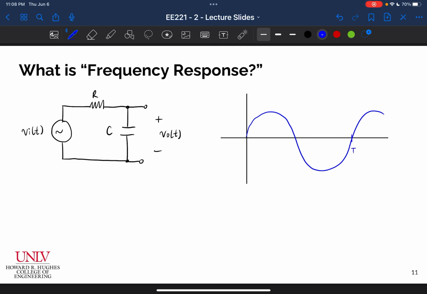This is my frequency, that's t right there. And then I would have some output voltage that I'll draw in red. And it would have some associated phase shift. Let's just say it looked like this. So it's going to peak a little bit earlier. It's going to hit a trough also a little bit earlier. I guess it would have to come from over here, something like that.